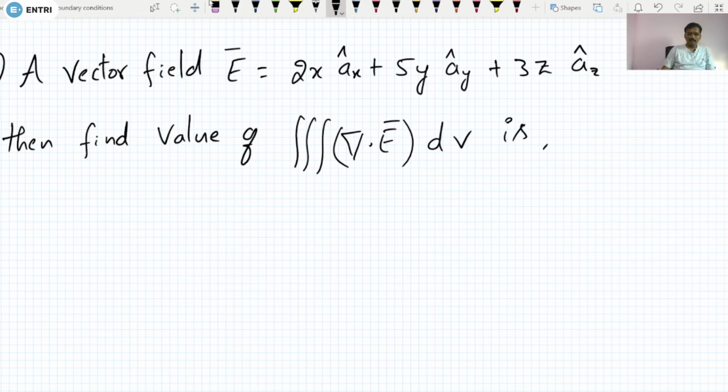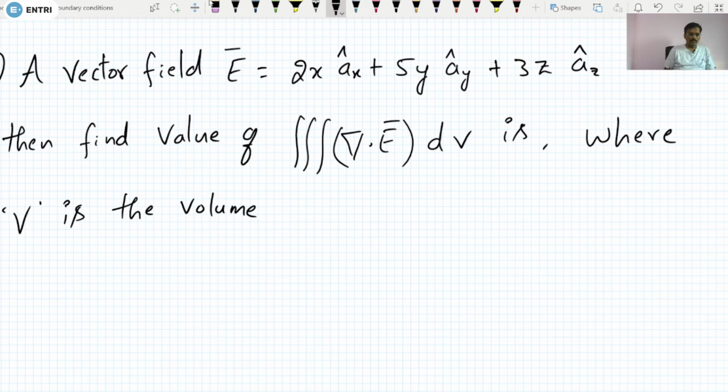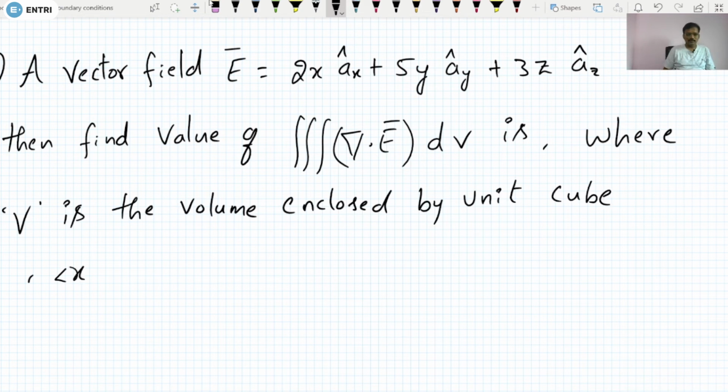Where V is the volume enclosed by a unit cube, where x is ranging from 0 to 1, y is ranging from 0 to 1, and z is also ranging from 0 to 1.